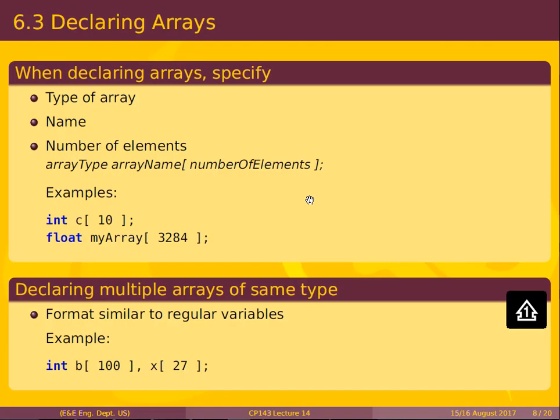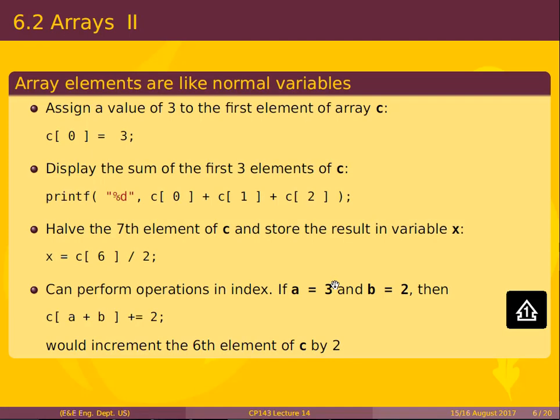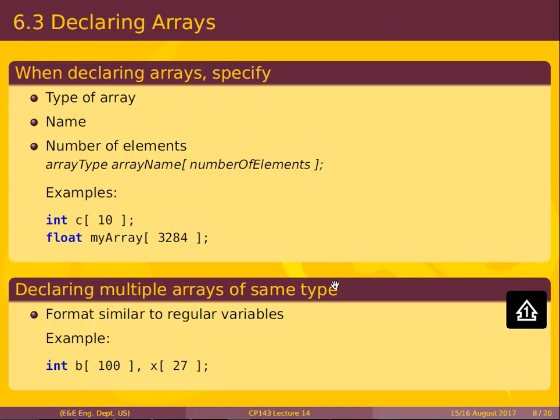Now, when we specify an array, we need to specify its type, just like any other variable. So this C is an integer array, int c. We specify its name: this one is called c, this one is called myArray. Then the square brackets, and we also specify the number of elements that the array contains.